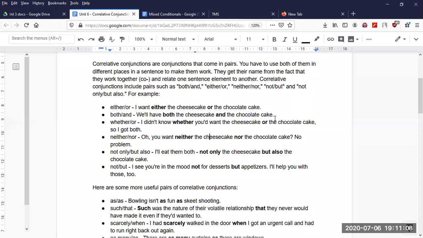You will have either the cheesecake or the chocolate cake. If you are greedy, you can have the cheesecake and the chocolate cake. So we'll have both the cheesecake and the chocolate cake. Remember, both means the two things.